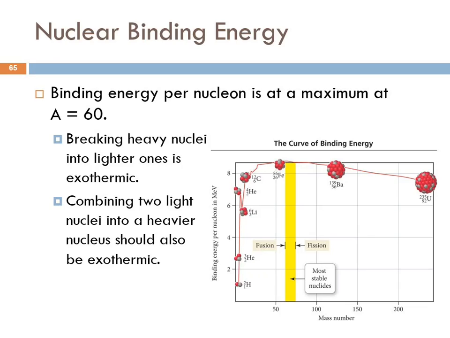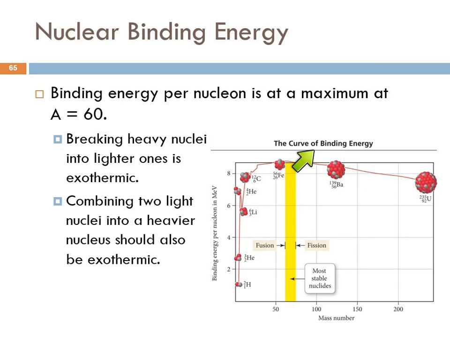If we graph nuclear binding energy versus mass number, we see that the binding energy per nucleon increases dramatically from deuterium down here as we go up to about carbon-12. And it reaches a peak around here, around 60, and then it starts to go down a little bit.